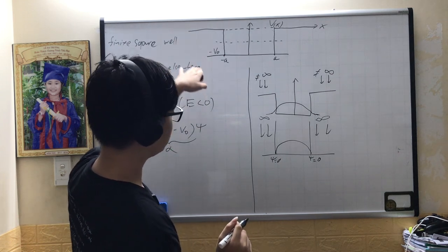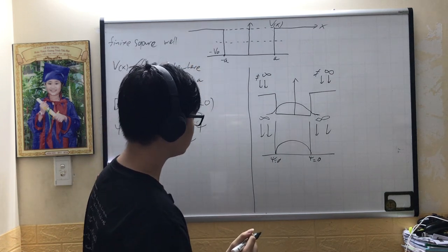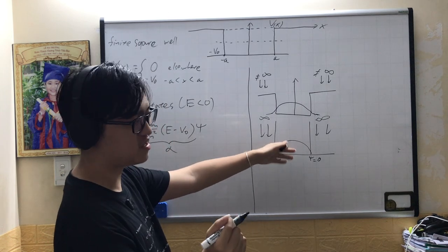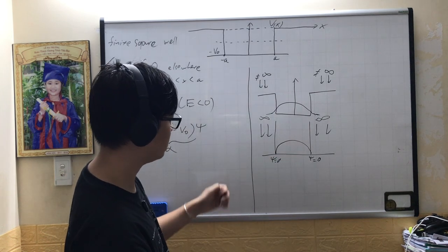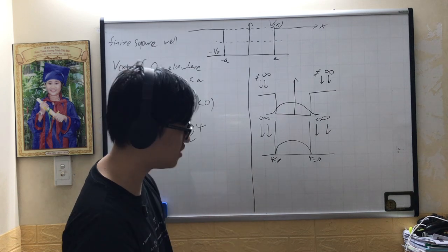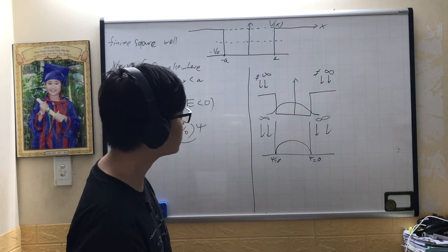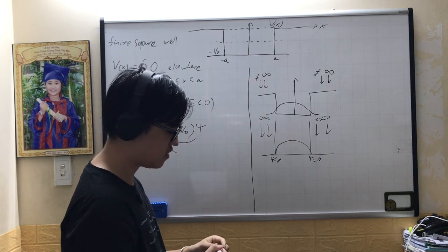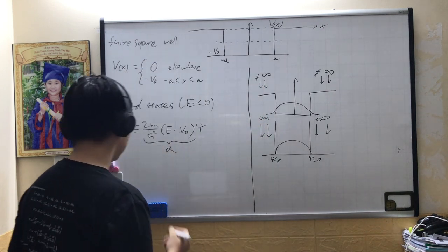Whereas with the infinite potential, there is nothing outside, because it is pushed down and destroyed immediately. Here it is not infinite, so there's gonna be something that would escape.